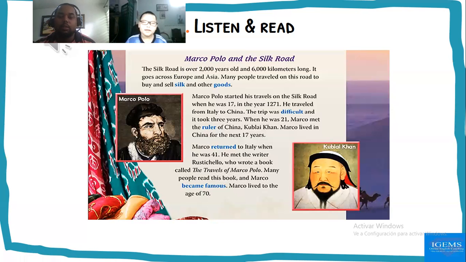Marco Polo and the Silk Road. Okay, fantastic. The Silk Road is over 2,000 years old and 6,000 kilometers long. Kilometers. All right, kilometers.